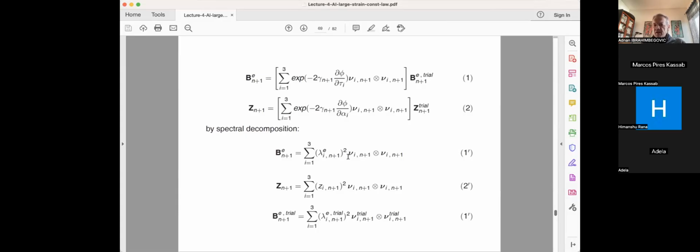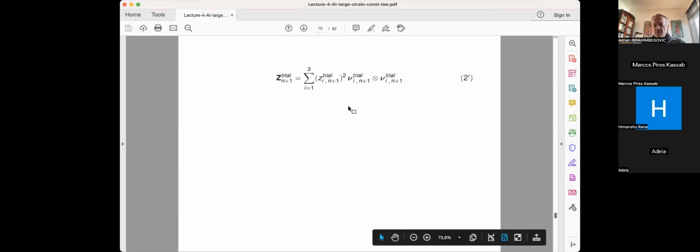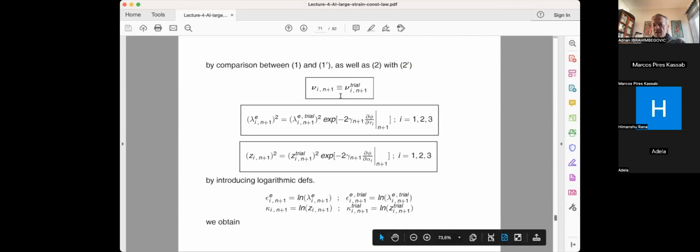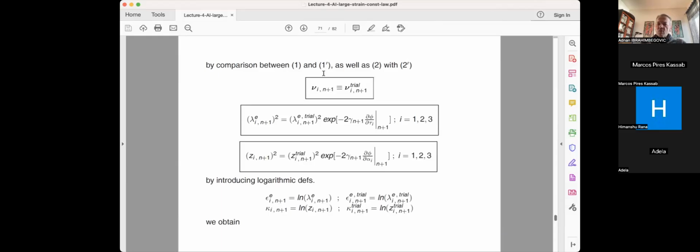And then I can make spectral decomposition of all these tensors. For B, I will have the final N_I, and then for the B trial, I will have the trial values of N_I, and the same thing for Z. And basically, comparing 1 and 2, I can assume that the final principal direction and the trial principal direction are the same, because the only transformation of the configuration, the geometric part, takes place in this trial step.